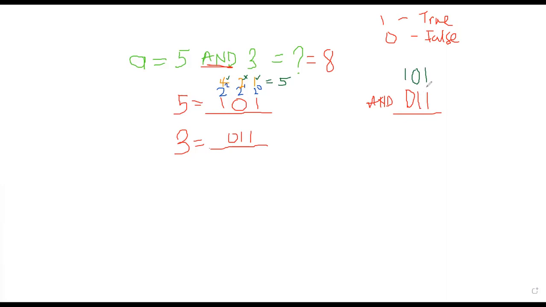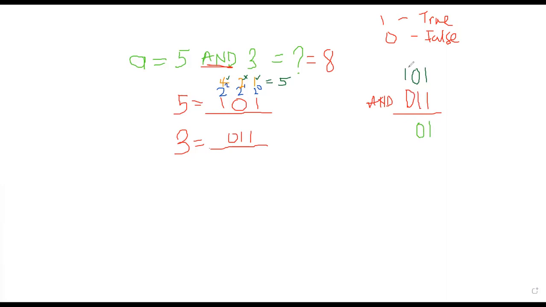So the AND is saying that we have 1-1. 1-1 would give us 1, which means it is true, so both are true. 0 and 1: 0 is false, 1 is true. Because one of them is false, the entire statement from the AND gate will be false.